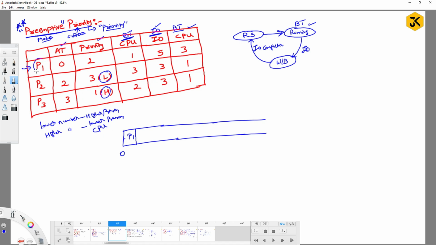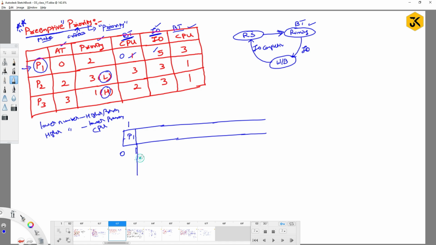As we have only one process at 0 units of time, I can give the CPU to it. So P1 executes for 1 unit of time. As it executes 1 unit of time, it is left with 0. Means it has done 1. As it has done 1 unit of time, it will immediately move to IO.